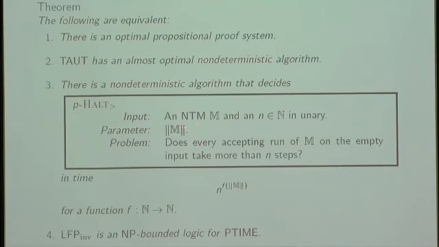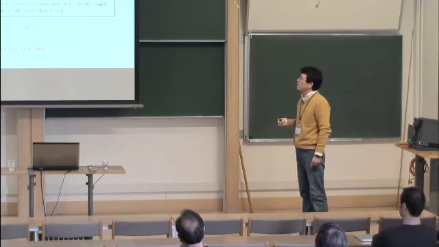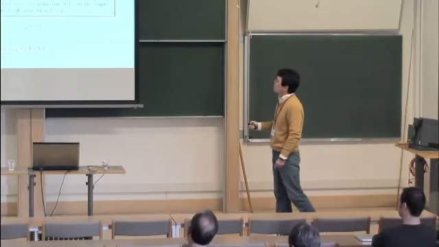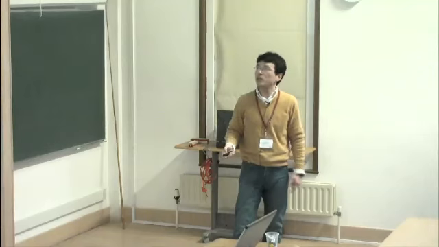The input is the same, a non-deterministic machine m and a natural number n in unary. But the problem becomes: I want to decide whether every accepting run of m on the empty input takes more than n steps. So it's a kind of complement of the previous problem. The main point is I want to have this problem in co-NP, which is in line with tautology.